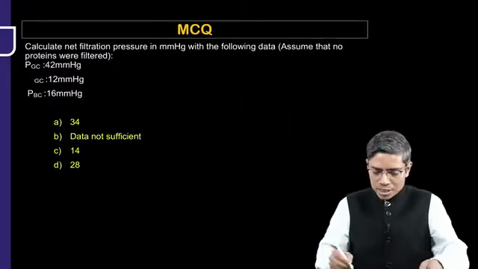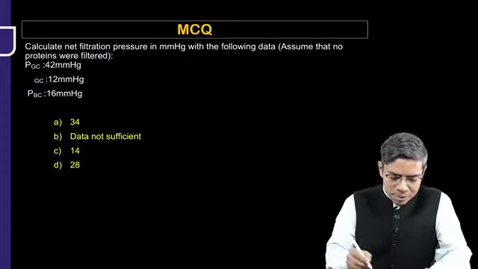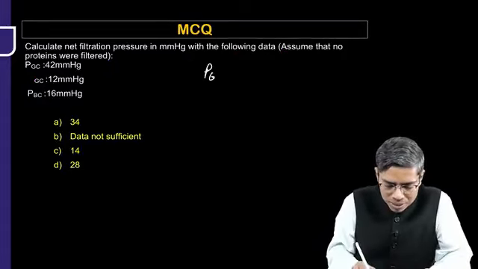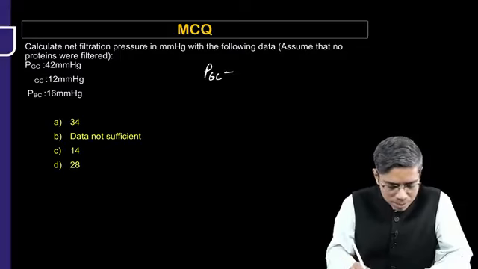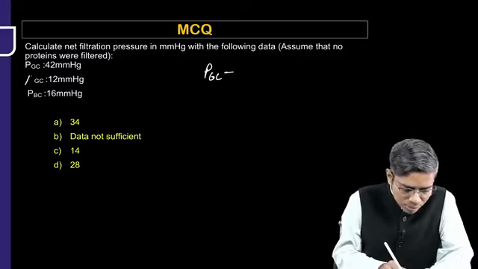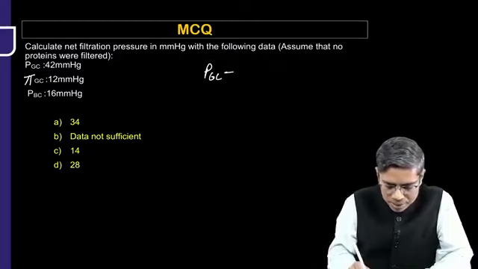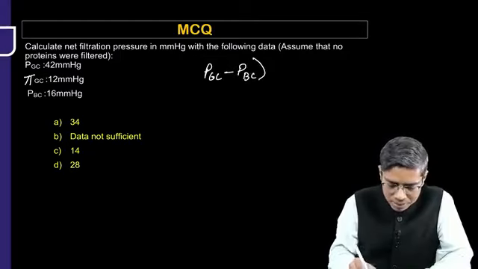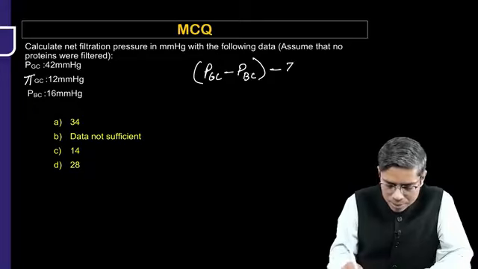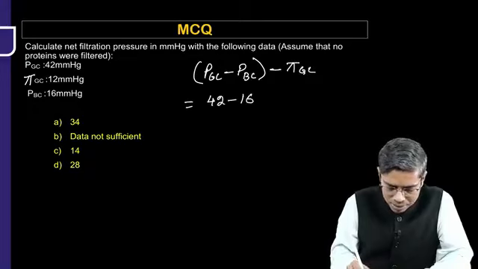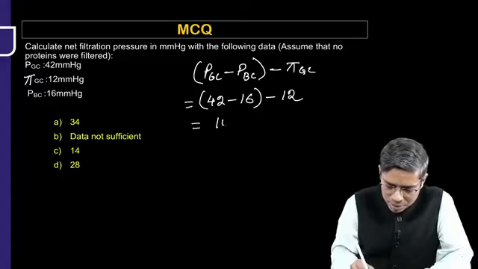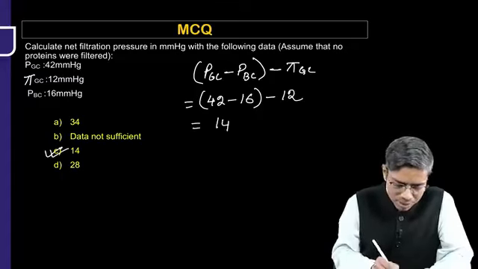But the question here has been given different data. Here the PGC is given as 42, the Bowman's capsule pressure is given as 16, minus pi GC of 12. This is the formula: 42 minus 16 minus 12. So obviously the answer is going to be 14 in this question.